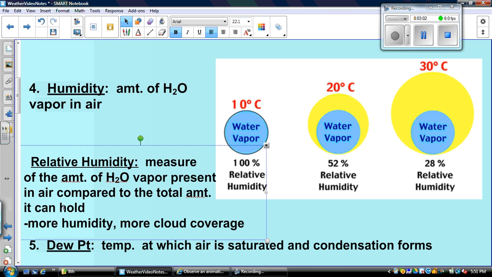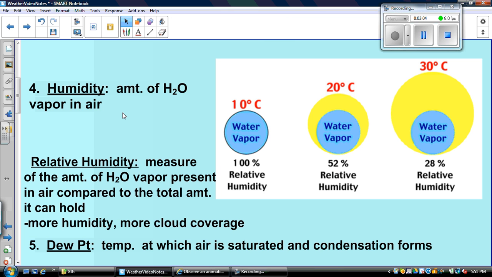So the more humidity, the more cloud coverage we're going to have, because that means there's a lot of warm air rising and a lot of moisture in the air. If you take a look at this example, the blue is the amount of water vapor that a volume of air can hold. This volume of air can hold a lot of water vapor, but right now it's only holding 28%.